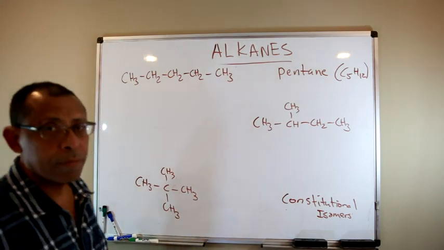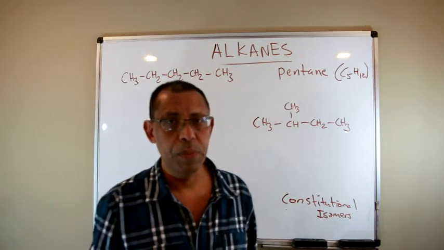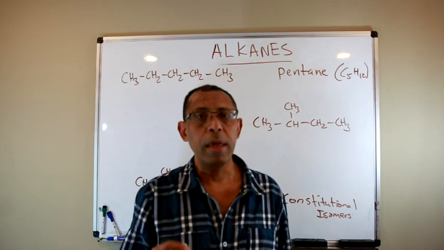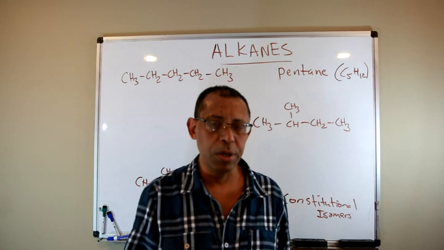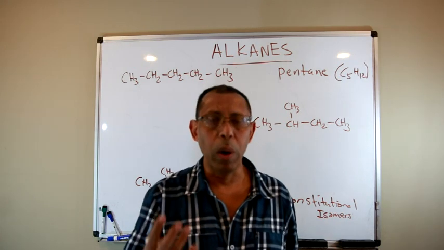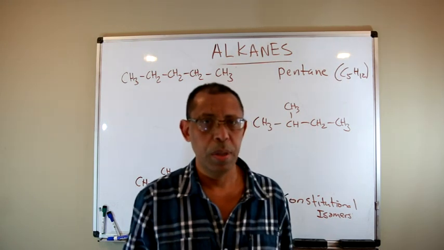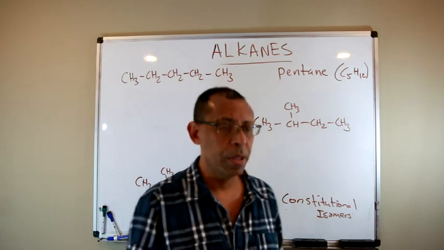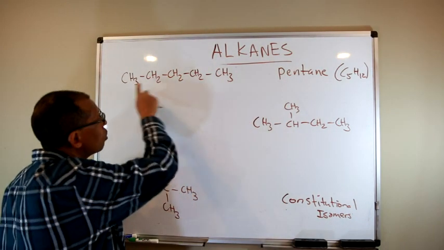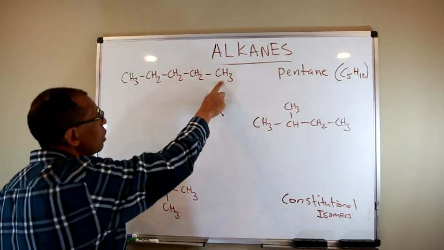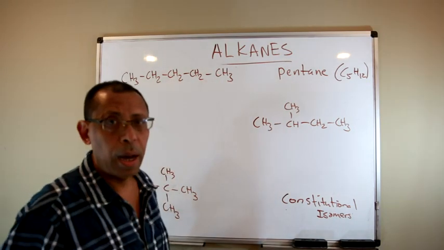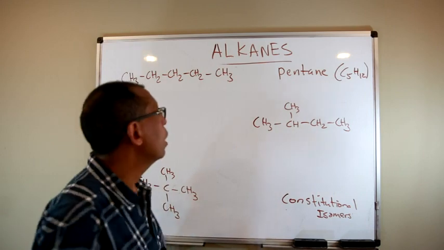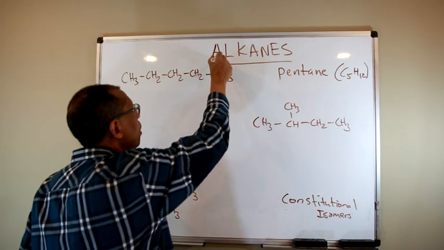There is a very important concept you should know for the future. Each carbon can be designated as a primary, secondary, tertiary, or quaternary carbon. This is very important. I will repeat that. These two carbons, which are only attached to one carbon, are called primary carbons.